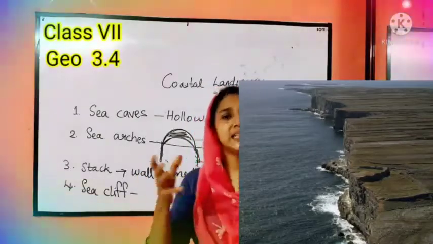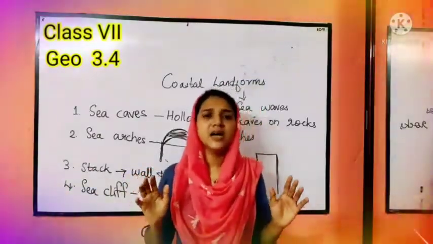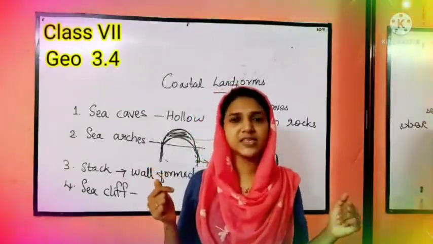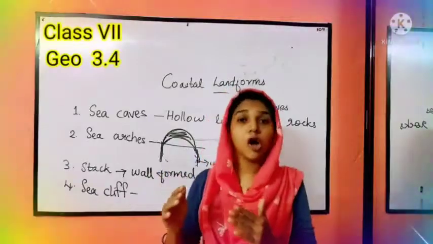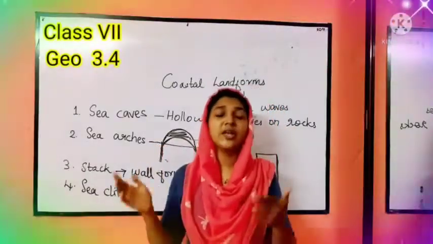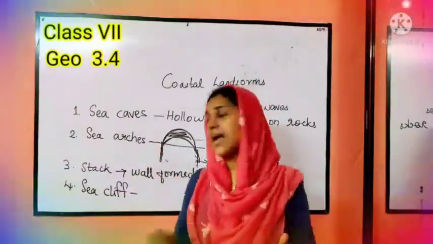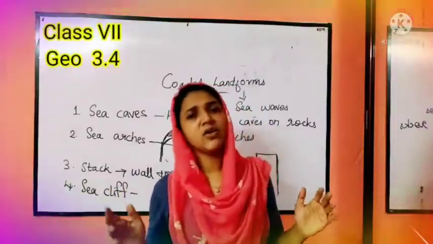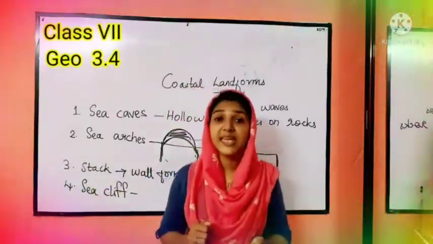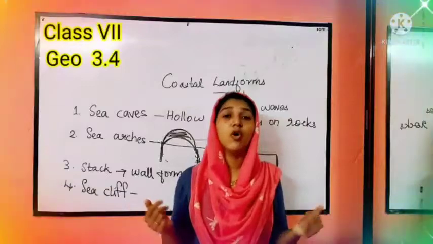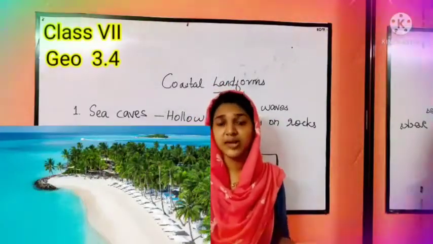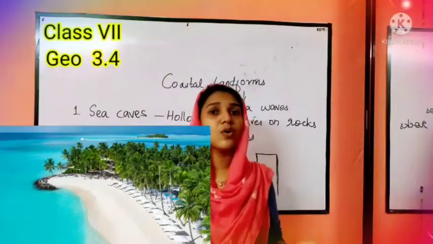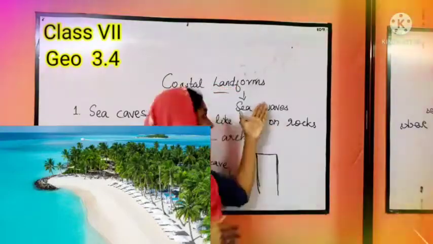We know that the sand area is known as the beaches. But the rocky coast beside the ocean or sea is known as a sea cliff. And we all are familiar with beaches. We will go for outings to the beaches. Several beaches are there. These beaches are also the creation of the waves.